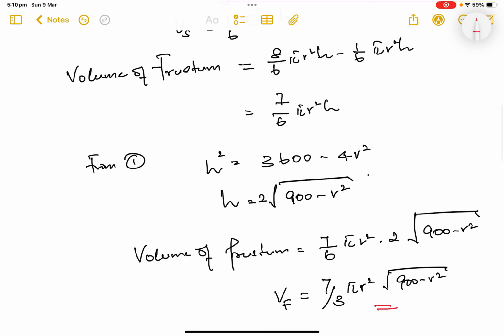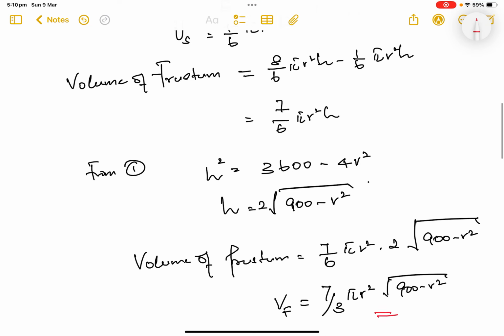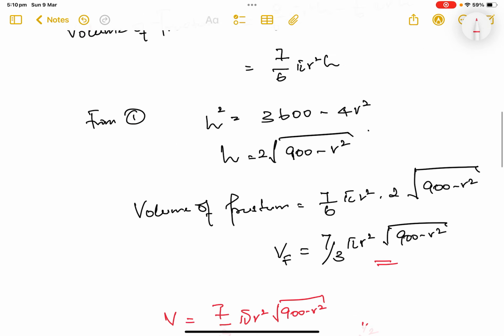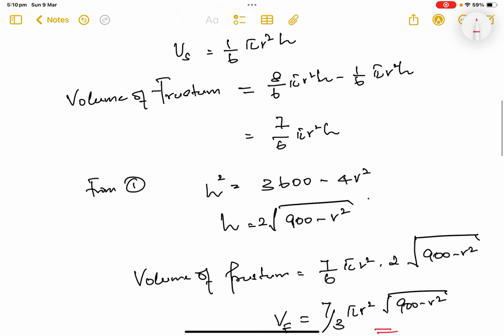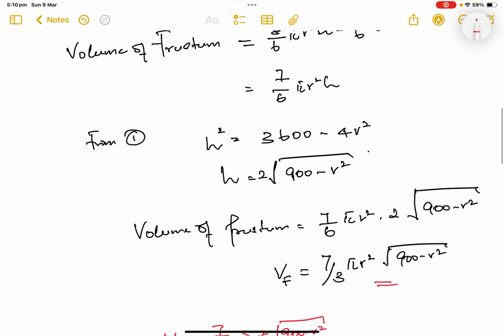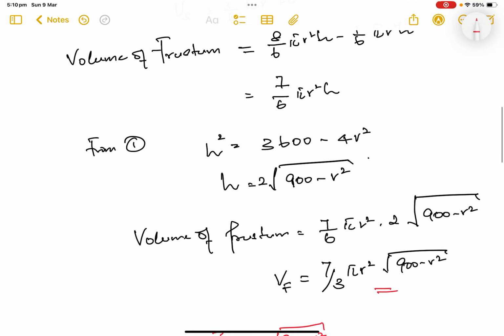The h is the one we introduced, so we need to eliminate that. From the Pythagoras we just had, h squared equals 60 times 60, which is 3,600, minus 4r squared. Then h is the square root of that.